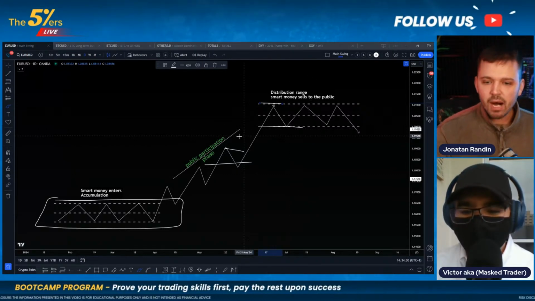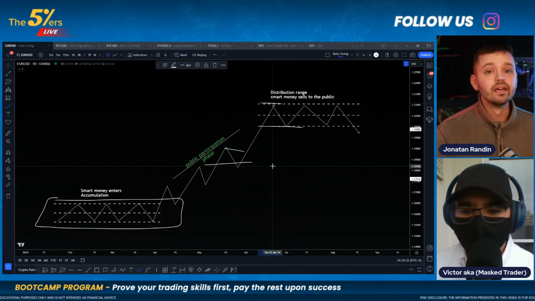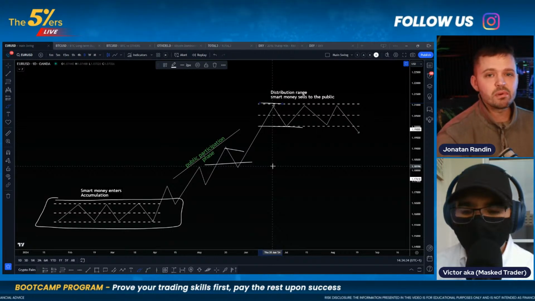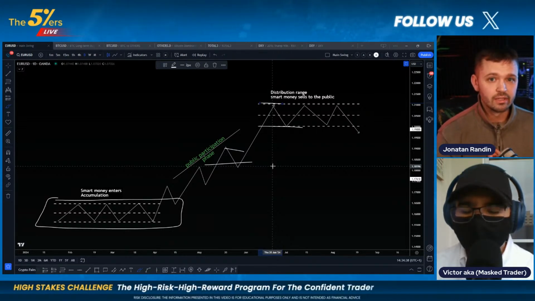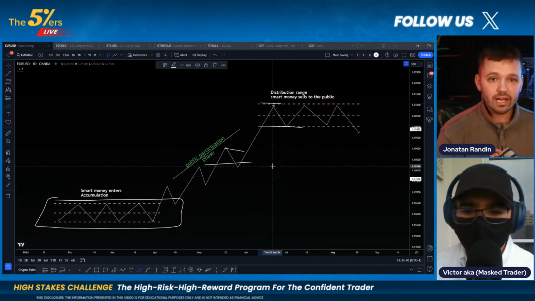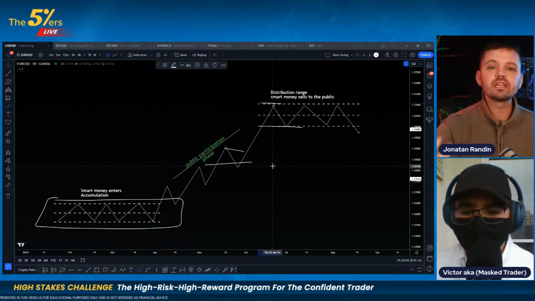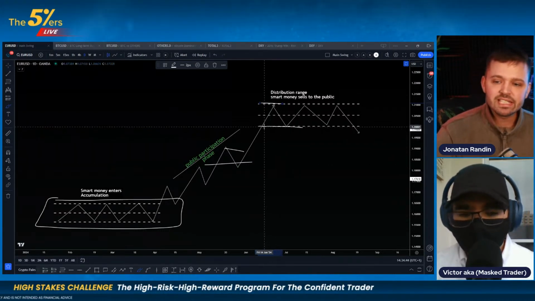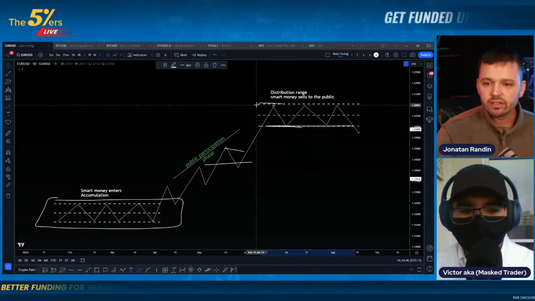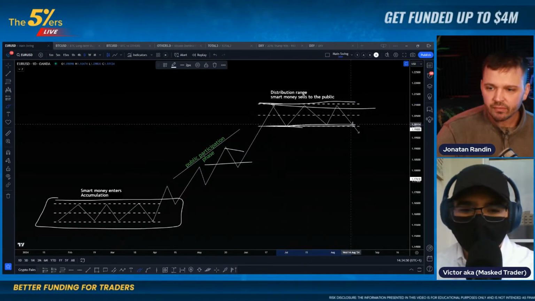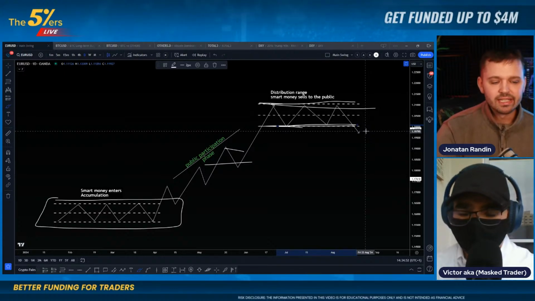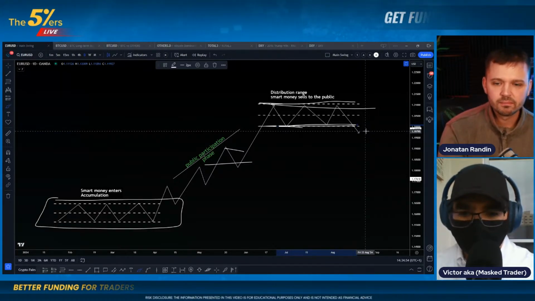And the public thinks, all right, it's on the media. Celebrities are endorsing Bitcoin. Now I have to enter, right? Because everyone else is entering and making money on this. This is where, remember, smart money, the big institutional players, need liquidity.